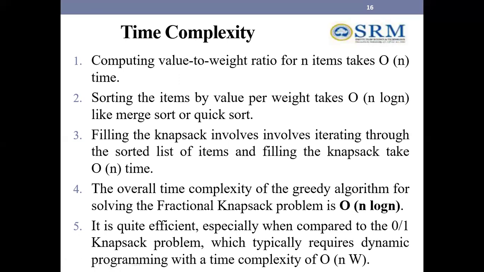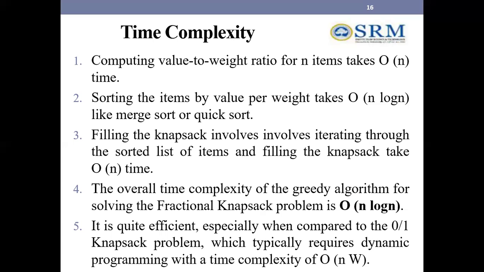For the first step, we take all the items and find the value to weight ratio. The time complexity of the first step is order of n, where n is the number of items that can be added to the knapsack. Sorting the items by value per weight takes order of n log n. We can use merge sort, quick sort, insertion sort, or bubble sort.